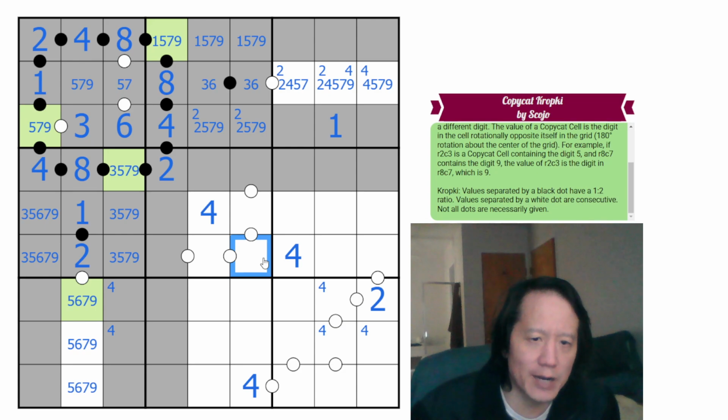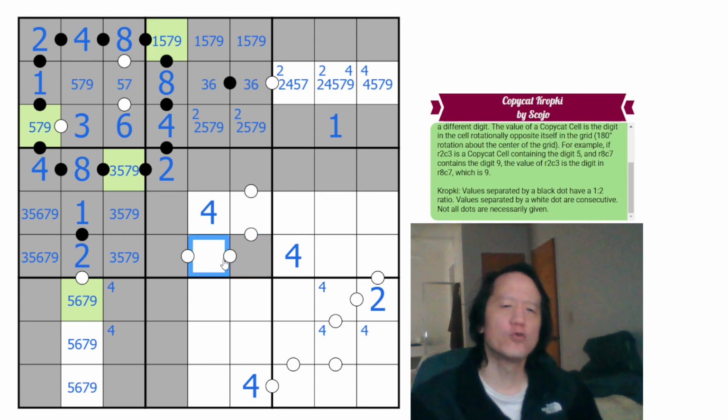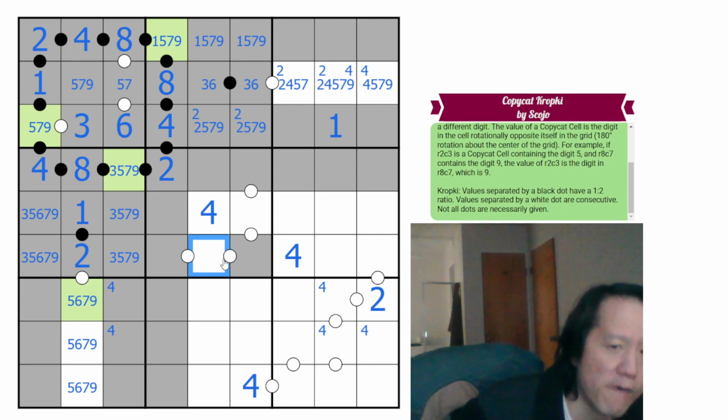If this is the copycat cell, that would be 2 in value. But it would have to be consecutive with 1 and 3, which doesn't really work, right? One of these would be 1 in value, one have to be 1 and 3, but then you'd have 2 and 2 also. So this one cannot be the copycat cell. The 4 could be the copycat cell.